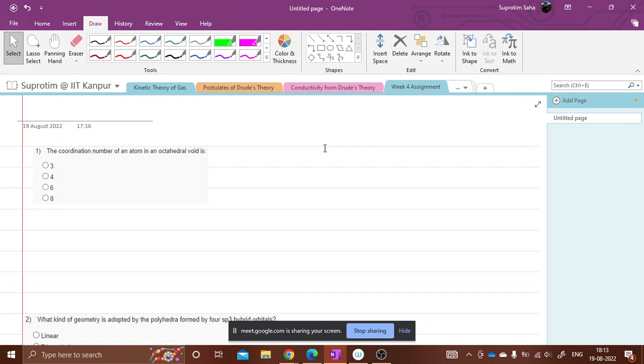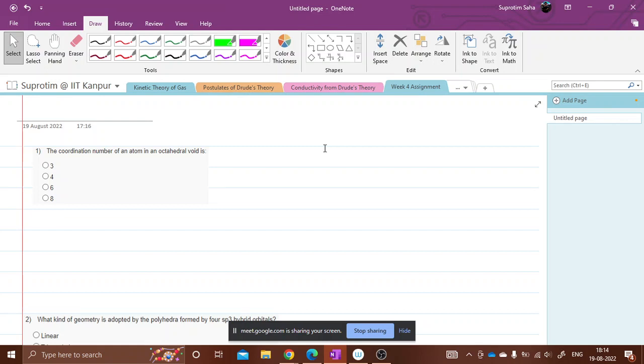Let's say you are making a solution of two solids. Will the impurity sit in the host atom's place, or will it sit in the voids? That is what you learned in these lectures, and the sample questions are also based on those. So let us first encounter the first question.